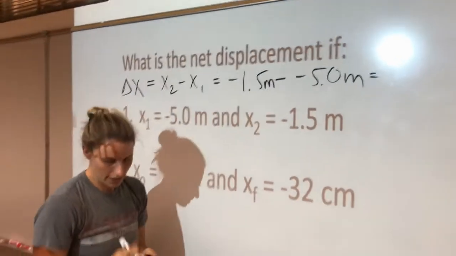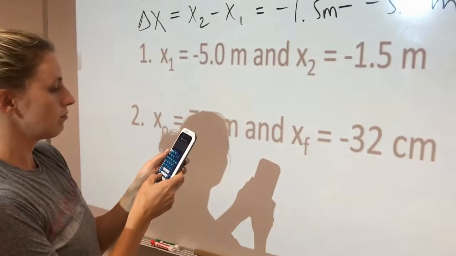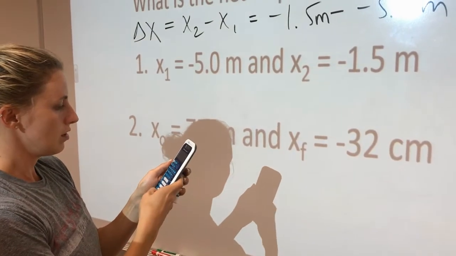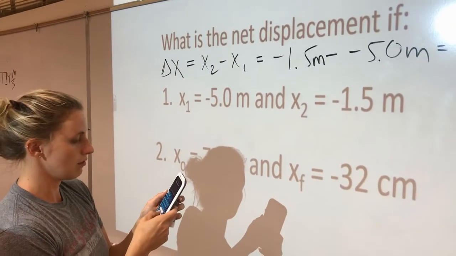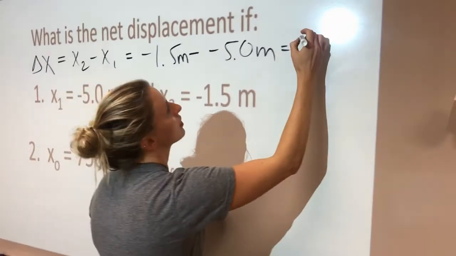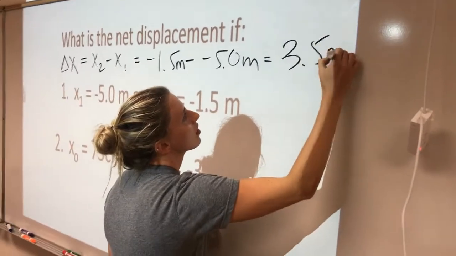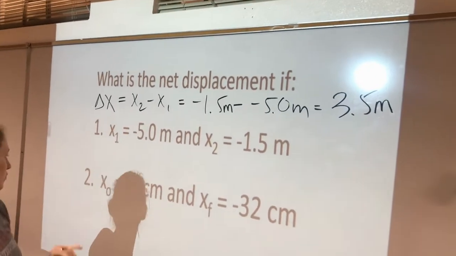Let me go ahead and plug that into my calculator. So I've got negative 1.5 minus a negative 5. That gives me 3.5 meters. Okay, so that's my net displacement for this one.